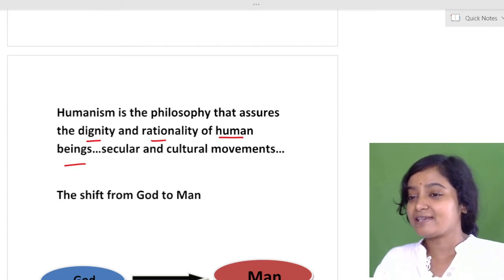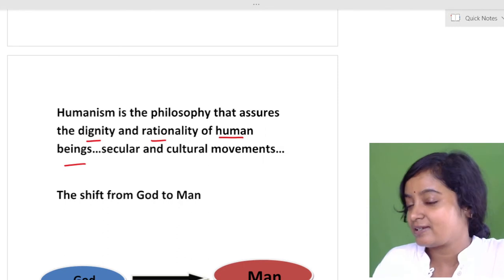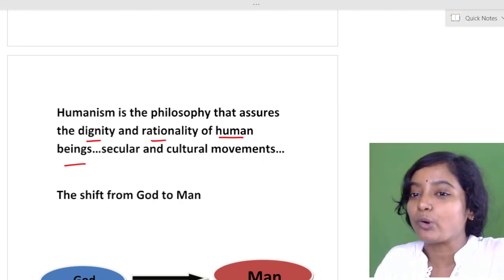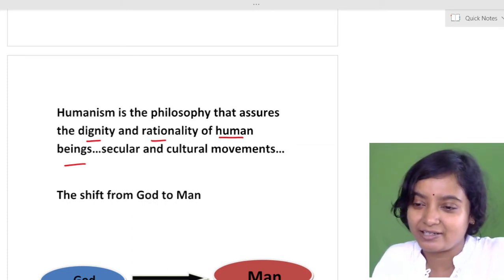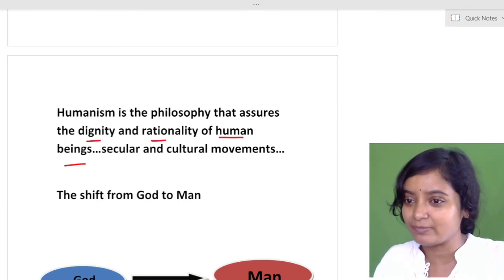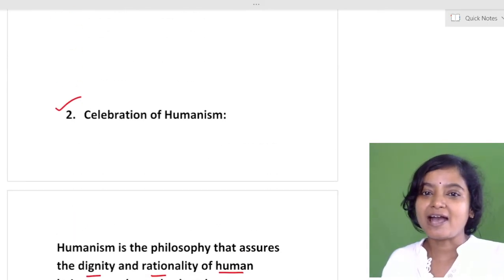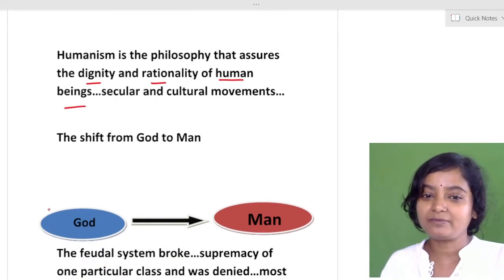And in the Renaissance time, when people came in contact with Greek literature, particularly classical literature that was secular in spirit, people started questioning. They gave importance to human rationality. We are human beings, we have reasoning power, we have a brain, so we must use it. And that was the shift from God to man. In the medieval period, the total emphasis was on God.